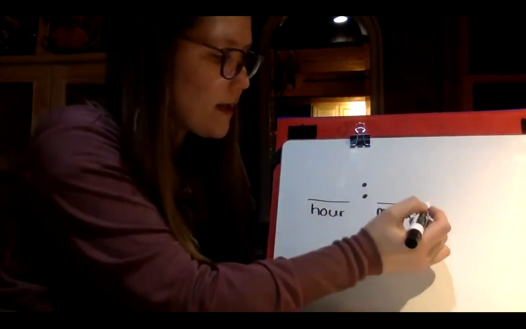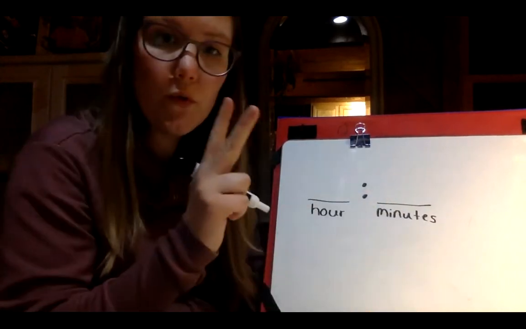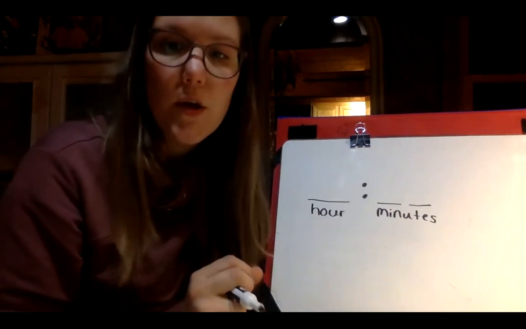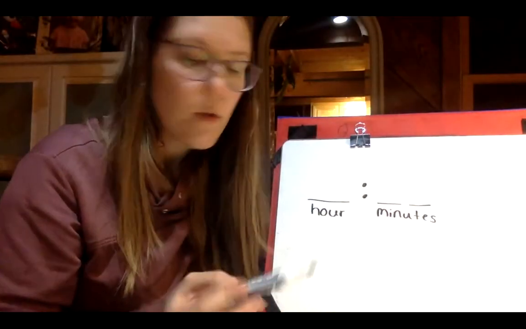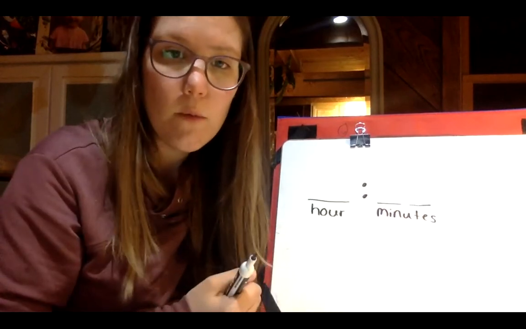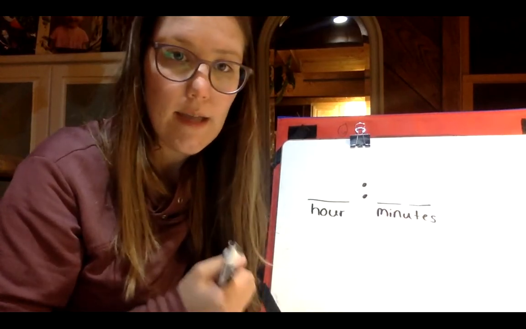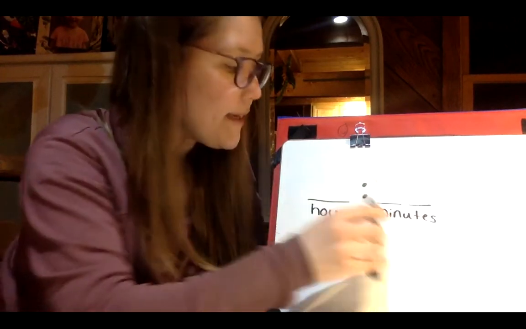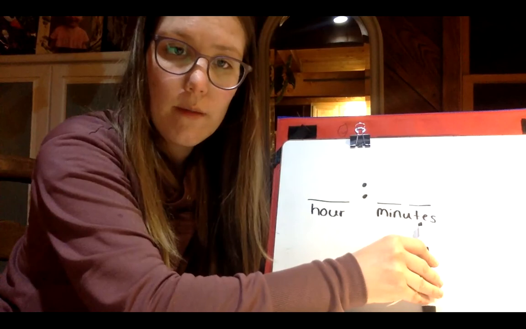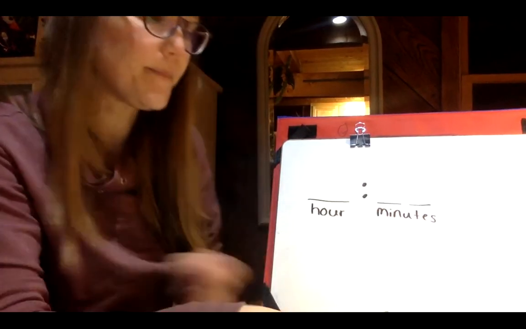They also said that the minutes have 2 places. So I'm going to make 2 lines here instead of 1. So when you write the time, you always write the hour and then 2 numbers for the minutes. Since we're working in time to the hour, our minutes are going to stay the same. It's going to be 0, 0, because we're going to talk about time exactly to that hour.